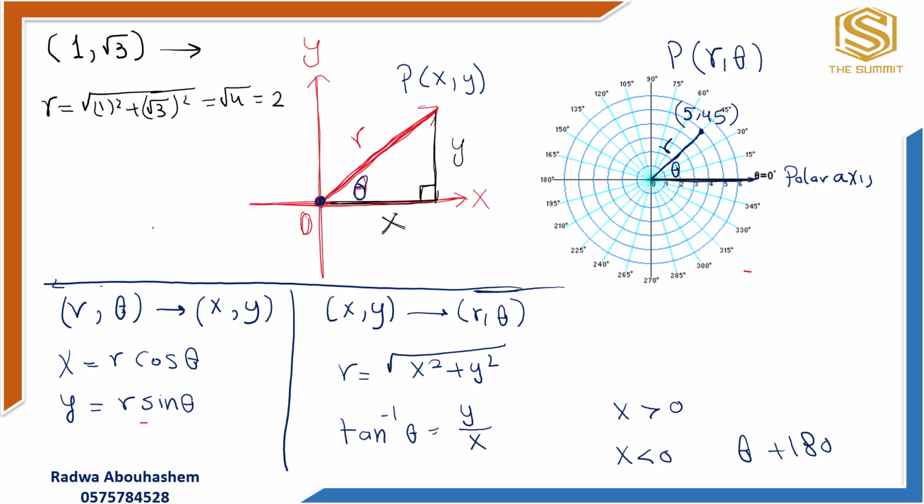Now I need the inverse tan of theta. So it's y over x. So theta equals tan inverse of y over x, root 3 over 1. Do you remember what is the angle that has tan equal to root 3? So theta is 60.